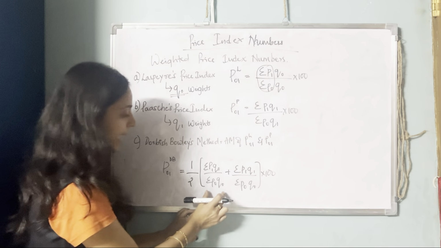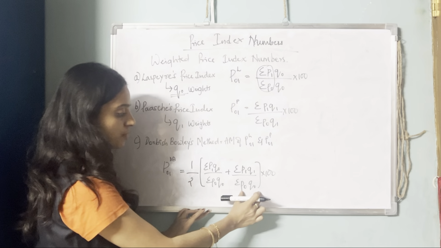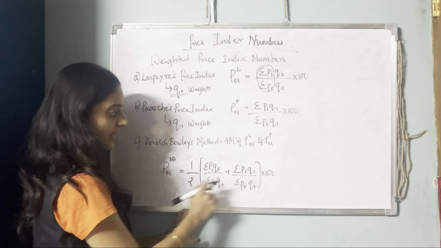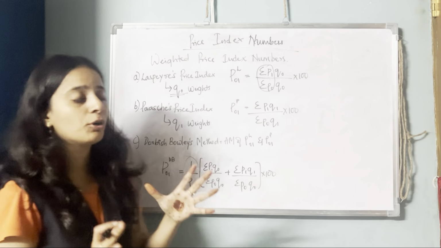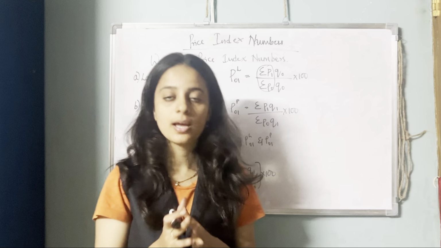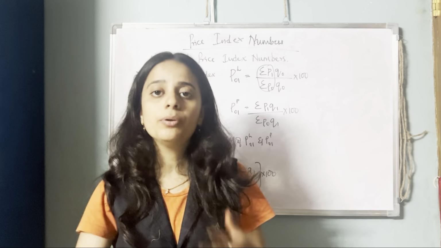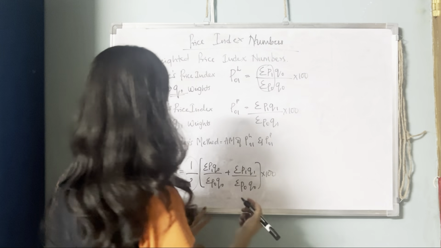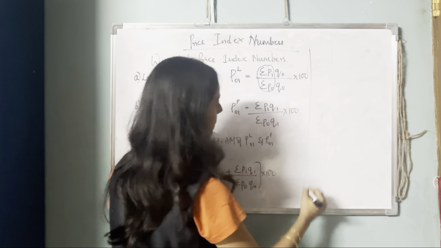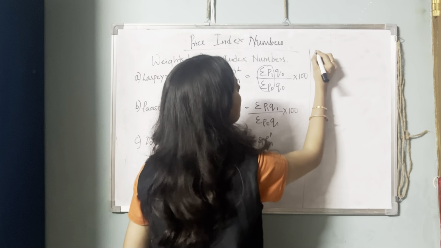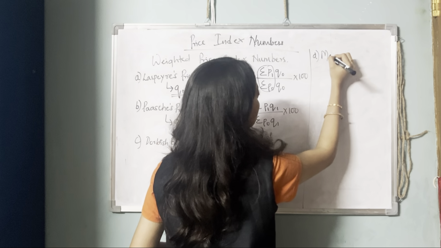Simple. Laspeyres's price index, Paasche's price index, their arithmetic mean into 100. You have to learn these formulas by heart. So I tell you to repeat it again and again. Next one is Marshall Edgeworth.